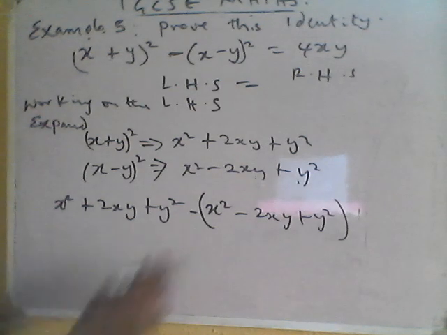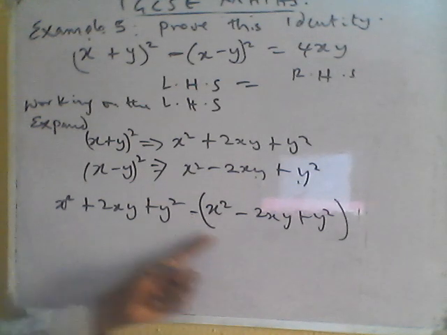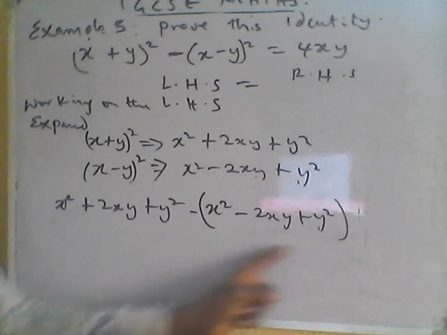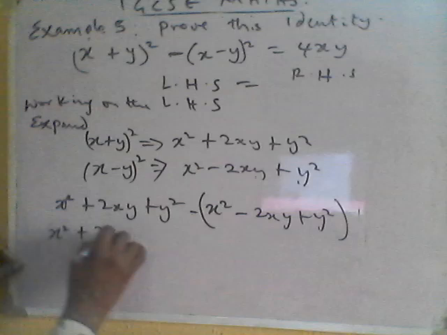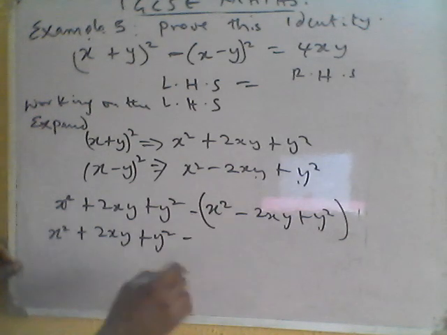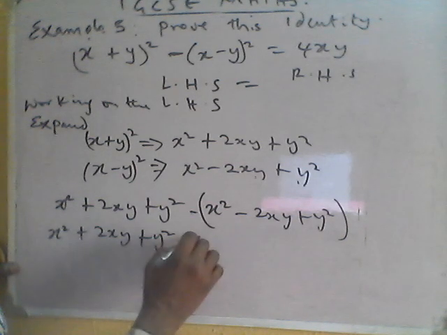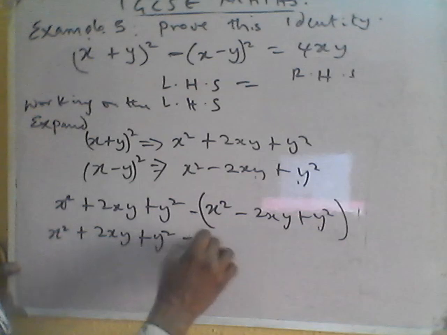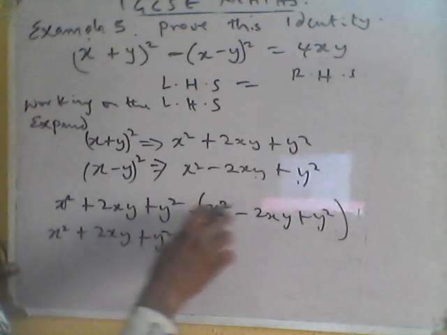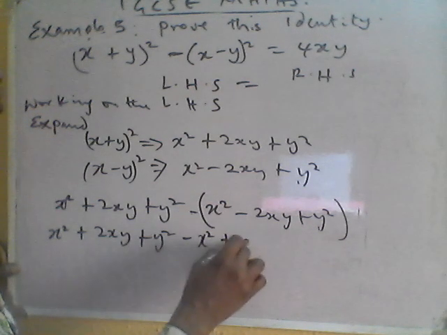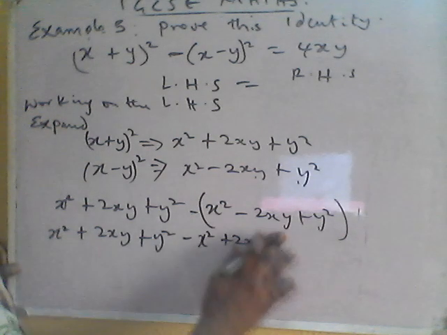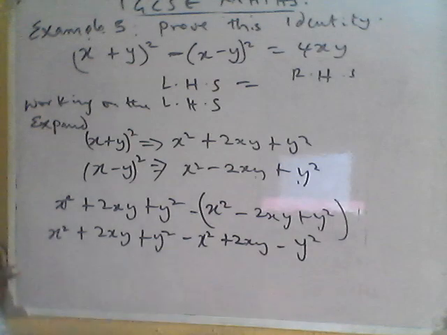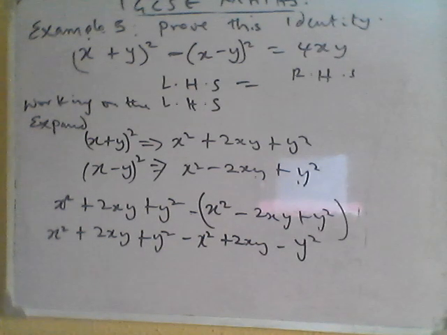So I'm going to expand, remove these brackets, let this minus operation work on every other operation inside here. So I will say x squared plus 2xy plus y squared minus, so minus times plus x squared is minus x squared, minus times minus is plus 2xy, minus times plus is, no, not plus, minus y squared. Okay, so at this point, I'm now going to collect my like terms carefully.